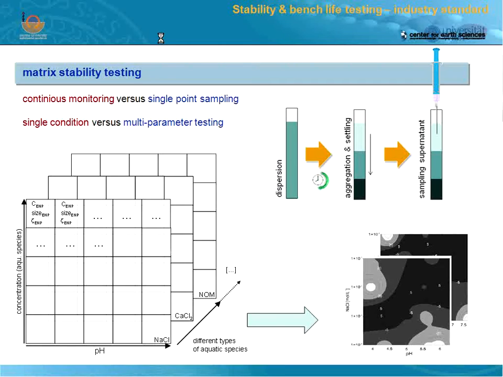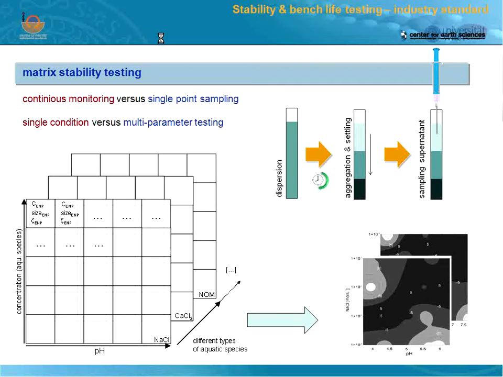Now what we did, we thought, let's do the stability testing in a way of a matrix. So we are doing a lot of single vials that we are filling with a stable dispersion. We are setting hydrochemical parameters like pH and concentration of an electrolyte. Then we are letting this settle for a certain time.